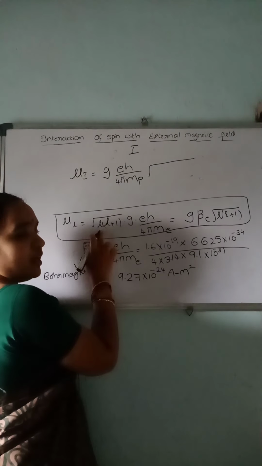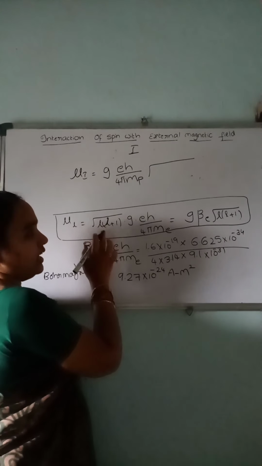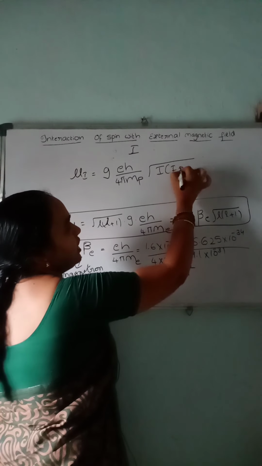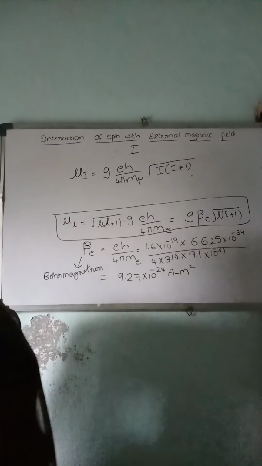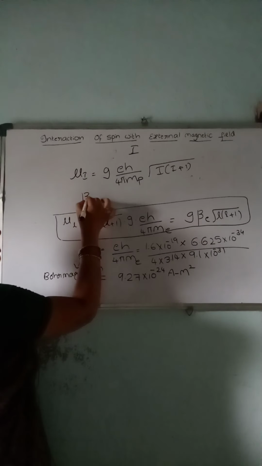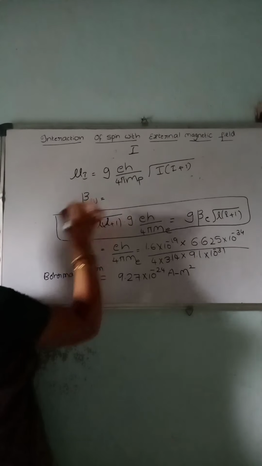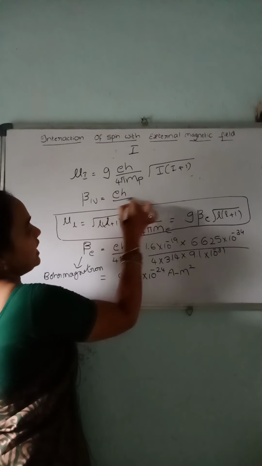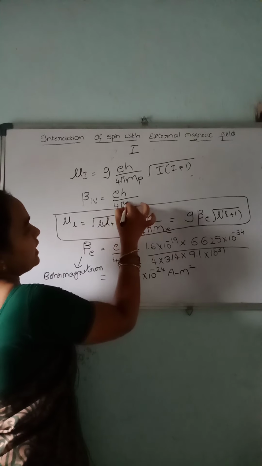Here L is for the orbital angular momentum of an electron, so it is replaced with the nuclear spin quantum number I. This is also a Bohr magneton, the Bohr magneton for the nucleon, which is equal to e h by 4 pi mp.